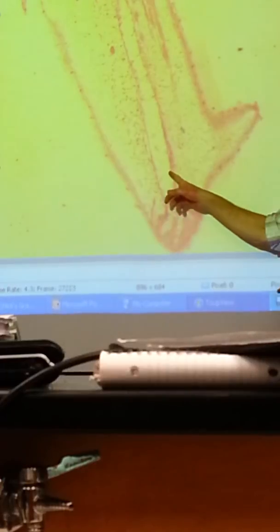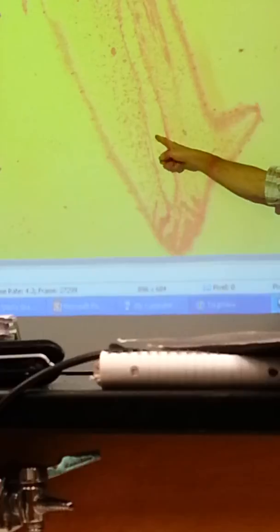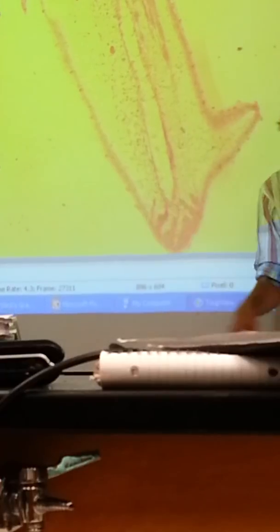I'm also seeing, and see if you can find, here's this strip that goes all the way from end to end, and it looks almost clear, with just a little bit of cross members between there. See if you can find a real clear strip or line through your critter.